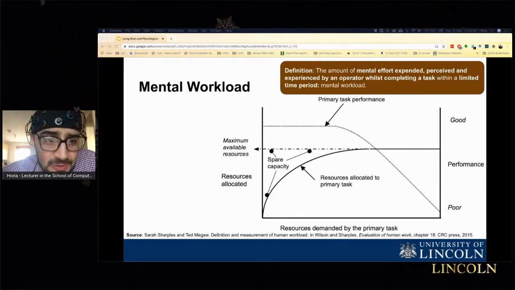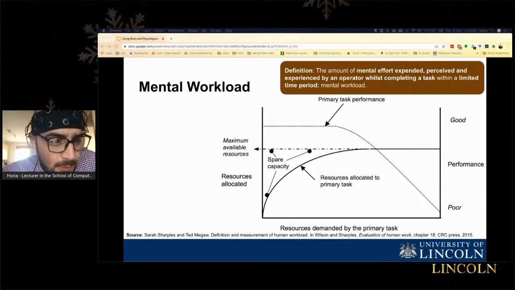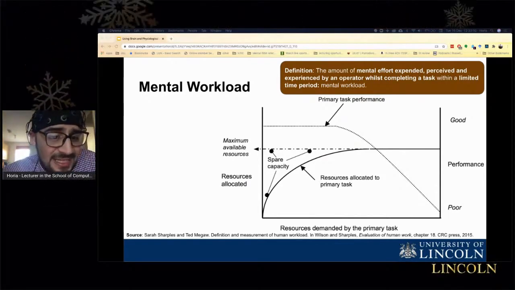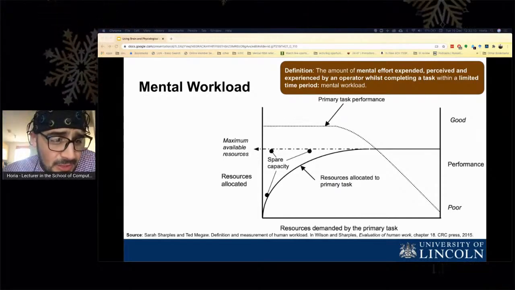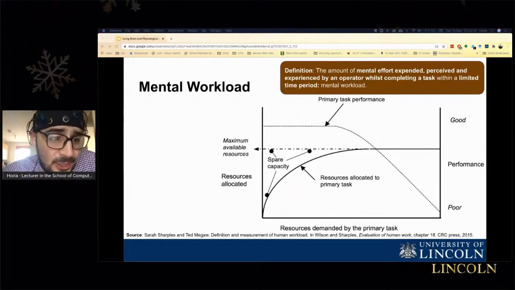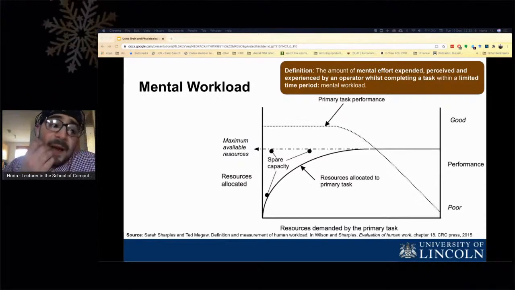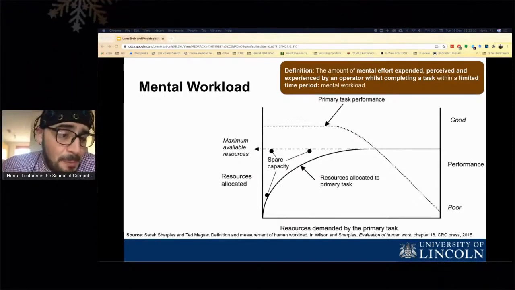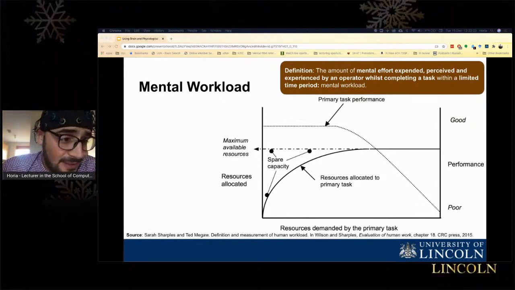And you can also see on this graph the concept of spare capacity. So if we're doing a task that doesn't take up too many resources, then we've got a larger spare capacity. If we are doing some very difficult mathematical problems, then we probably have little spare capacity left.